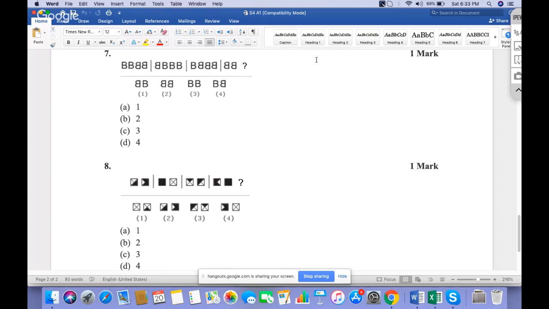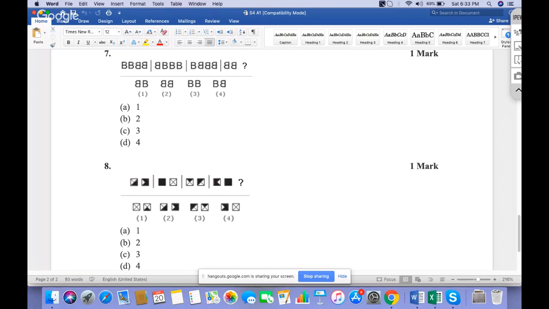Okay, so question number 8, a lot of you are giving me option 1, which is correct. What happens in this series is the figure increases the shaded area by 1/4. So if you look here, this is half shaded.